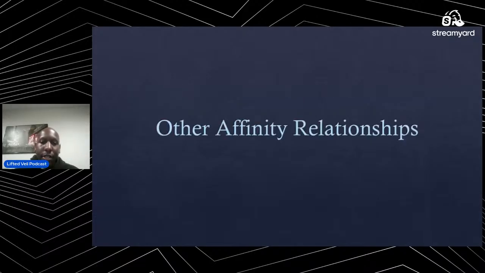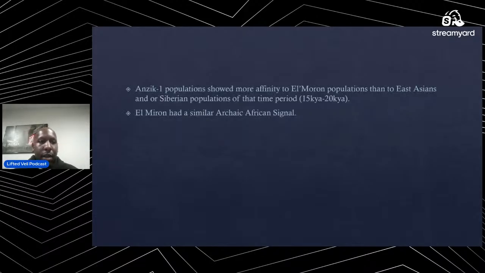Other affinity relationships. Anzick 1 populations show more affinity to El Moran populations than East Asians and/or Siberian populations of that time period. That's interesting. So in the prior slides, it said the Anzick 1 populations showed affinity to Native Americans.